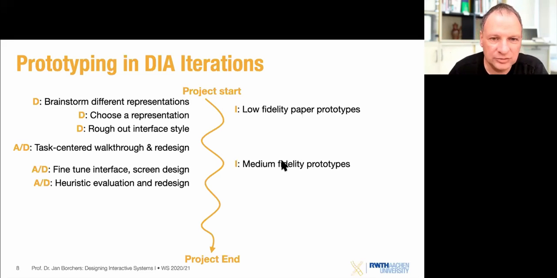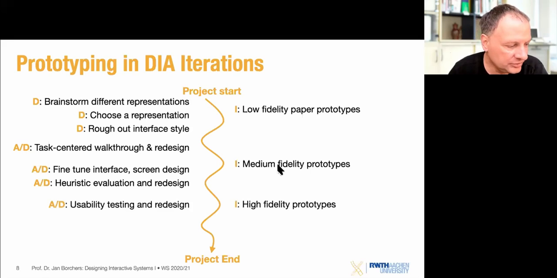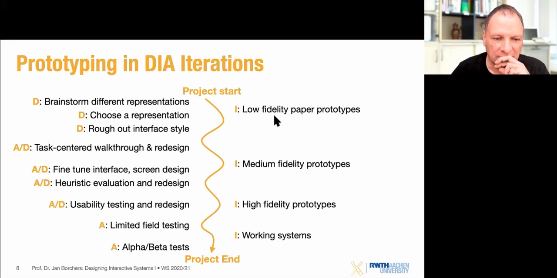And then as you move deeper, you're going to get into high fidelity prototypes where you really start doing usability testing for the detailed questions that you might still need to answer, the fine tuning of your interface, until you finally have a working system where you move into production code, and you do first just limited field testing and then alpha tests, beta tests until you have the final project running.